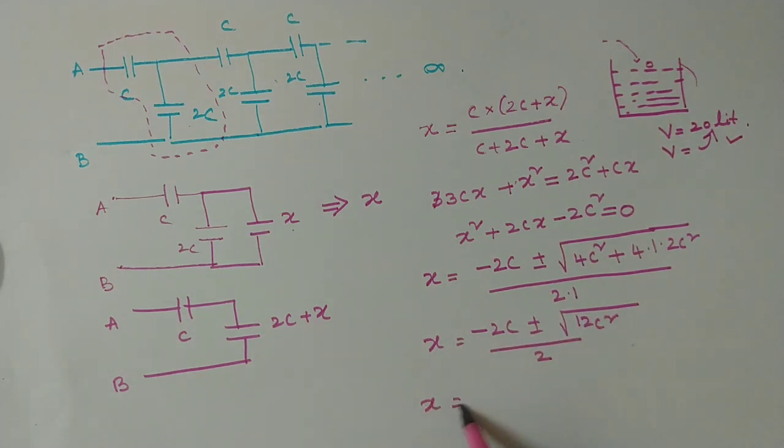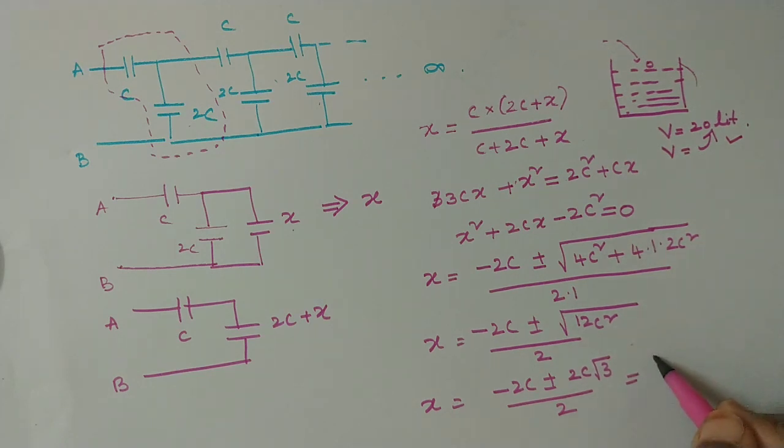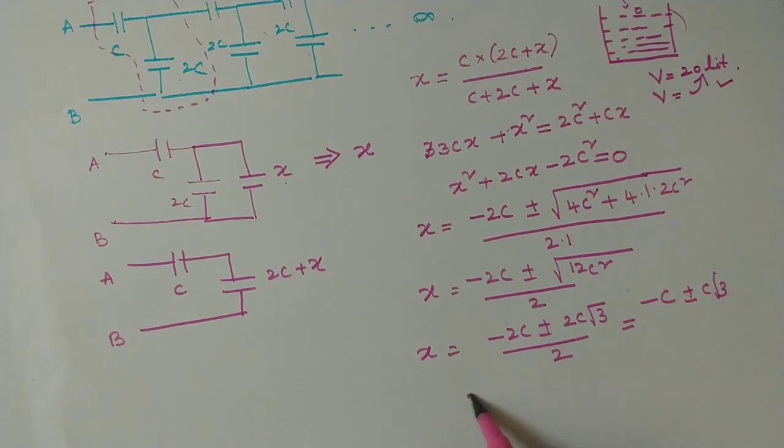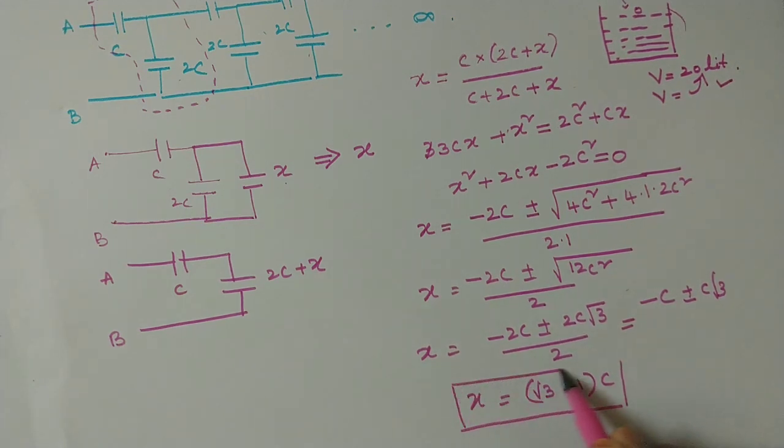Or you get the value of X as minus 2C plus or minus 2C root 3 divided by 2. If you cancel off this 2, your answer should be minus C plus or minus C root 3. Since your capacitance cannot be negative, we will take only the positive value. So X becomes root 3 minus 1 into C. So this will give you the equivalent capacitance of the combination.